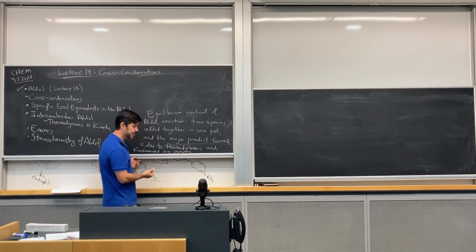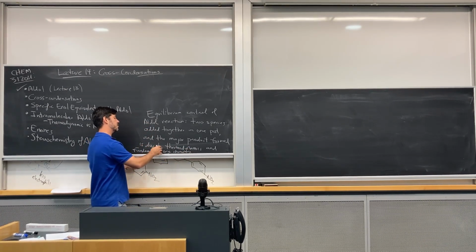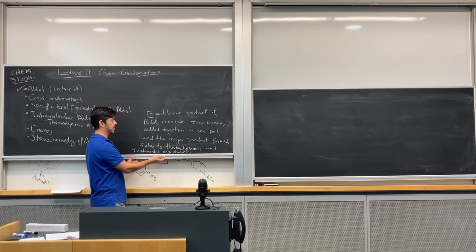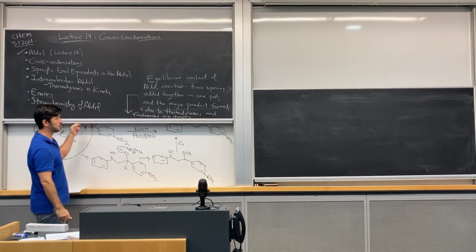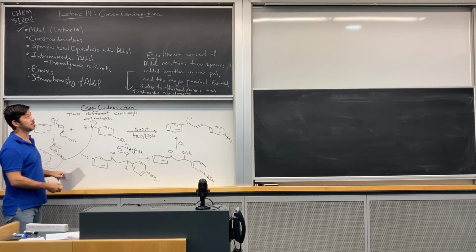Hope you can see that. And the major product formed is due to thermodynamics and fundamental organic chemistry. Okay, so this example that we've done right here is an example of equilibrium control of the Aldol reaction.